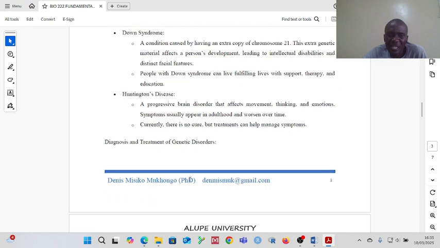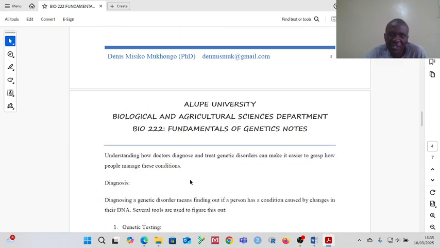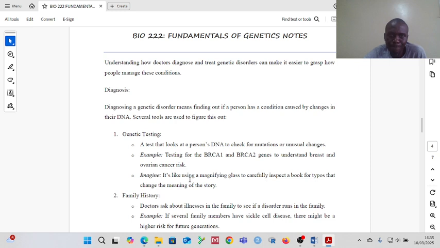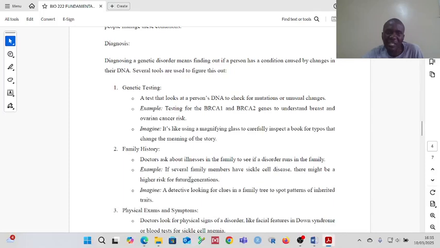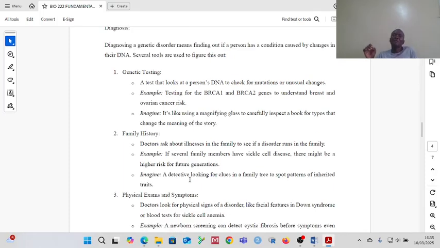So how is diagnosis and treatment of genetic disorders done? Diagnosing a genetic disorder is about trying to find if an individual has a mutation that is causing that disease. So the first thing for diagnosing is to check whether that individual has that genetic mutation, the change in the DNA that is making this person suffer the consequences.